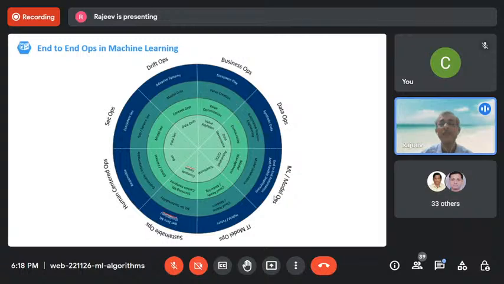And in each of these fields, if you take data governance, so many aspects come into the picture: quality of data, lineage of data, data cleanliness, profiling of data. So much of stuff comes into this picture. So data ops is very, very important for a successful machine learning project.